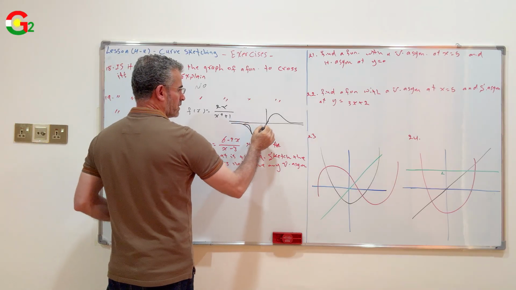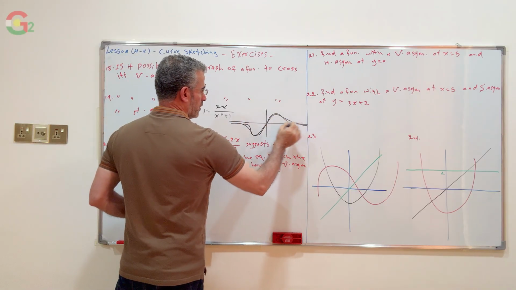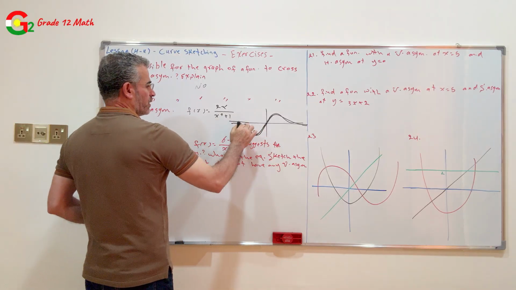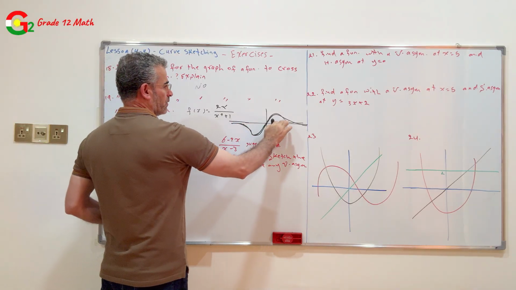We have a horizontal asymptote at 0, and the function crosses the point (0, 0).